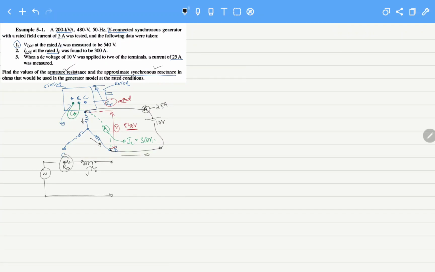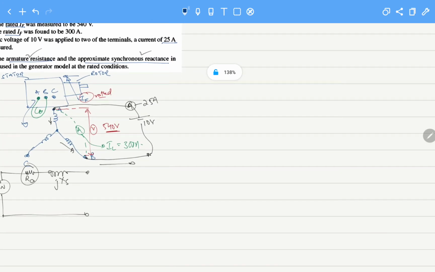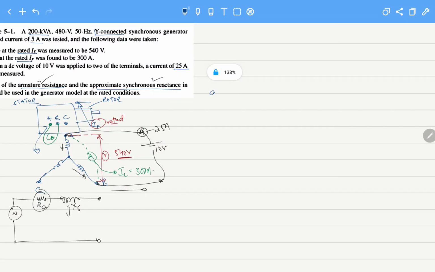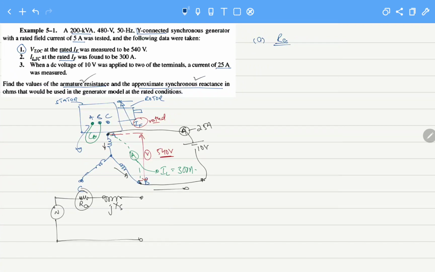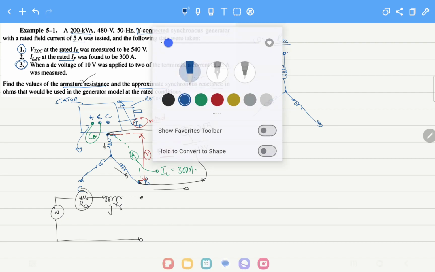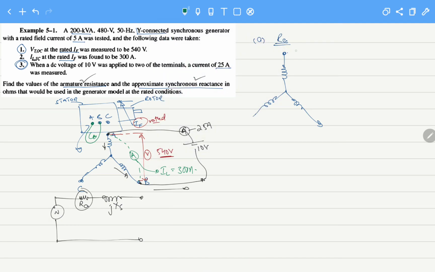Let's start with the simple part, that is related to RA, the armature resistance. For the armature resistance RA, this data will be used: when a DC voltage of 10 volts was applied, as I have shown you, a current of 25 amperes flowed.